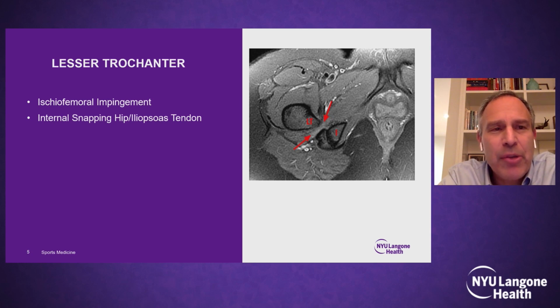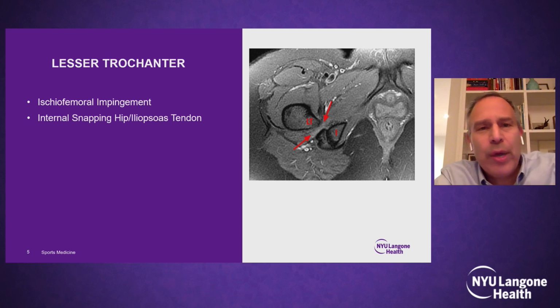And there are some specific measurements. I believe it's 1.5, 1.3 centimeters. Thank you. That's the cutoff. So it's seeing more and more light in terms of extra-articular pathology that can be addressed arthroscopically.